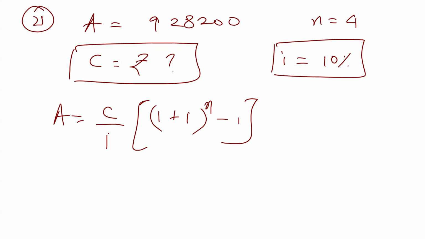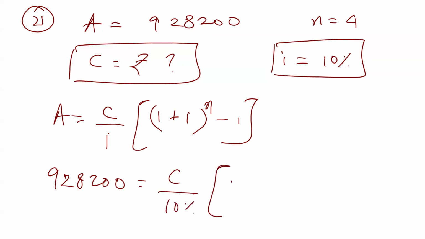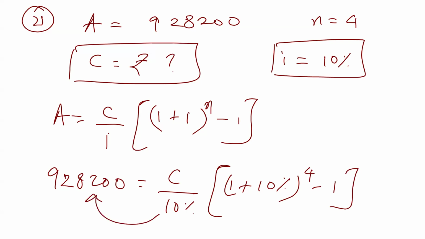So 9,28,200 is equal to C. C we don't know. I is 10%. 1 plus 10% raised to 4 minus 1. So this will get cross multiplied over here, and you can simplify this and solve and get the value of C. Such type of problem obviously we have done in the exercise. Let's not waste time over here.